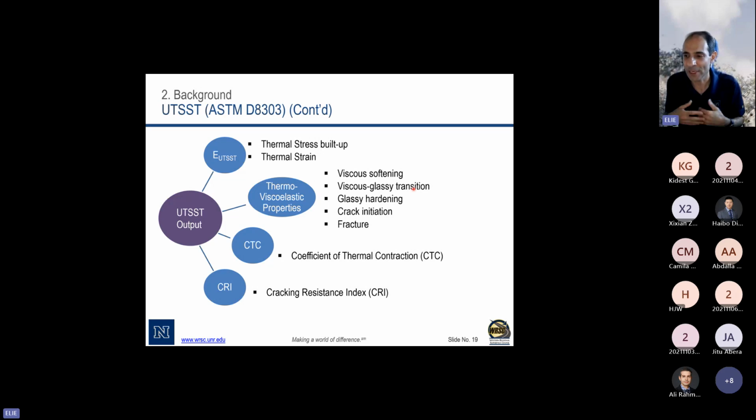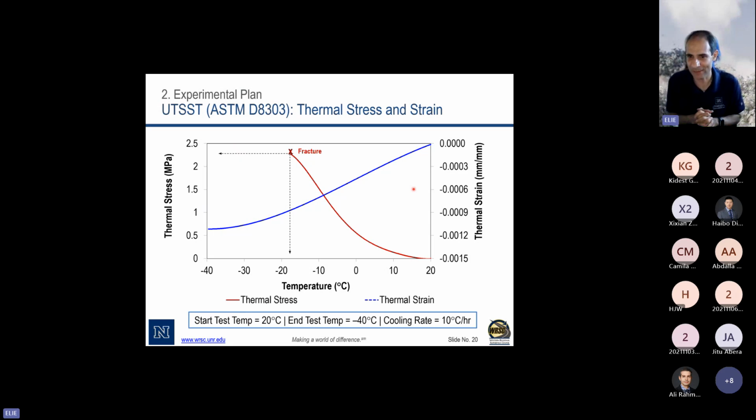This is not new. It's coming from rubber and polymer science and analysis. We adopted that for our asphalt mixtures, trying to identify those different zones. So I'm not only interested in when my mix fractures, I want to know at those different phases how it is behaving. And I want to characterize that and use that in my analysis.